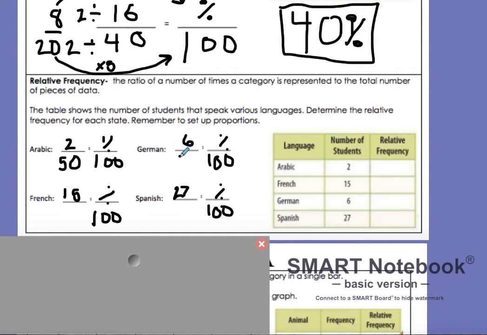When you set all of those up over 50, we know that to get from 50 to 100, we need to multiply by 2. So for Arabic, to get from 2 to our percent, we're going to multiply by 2.